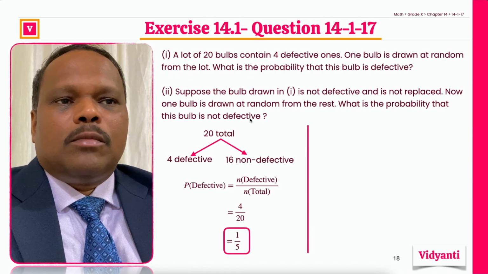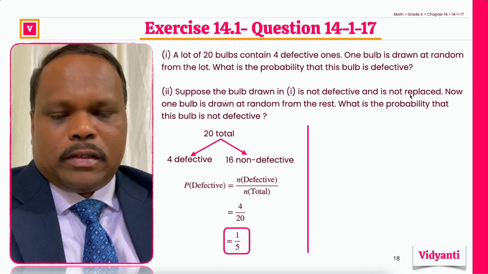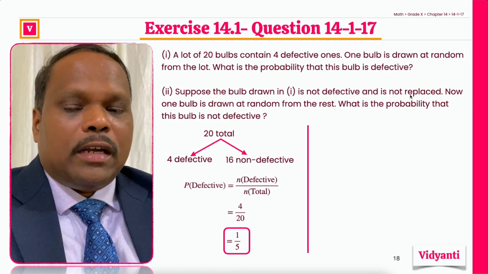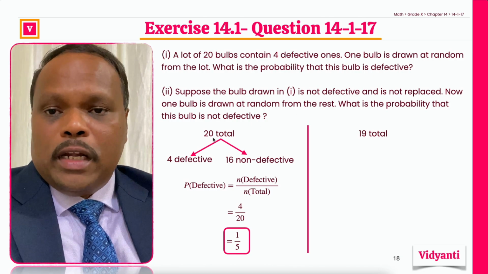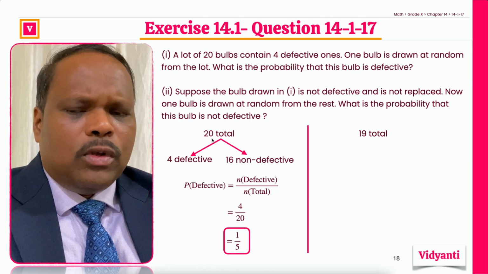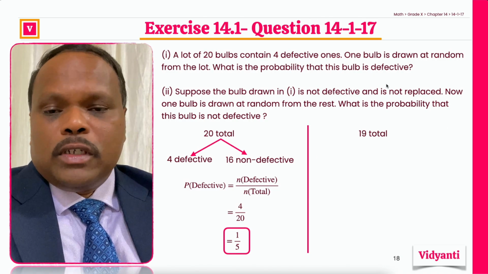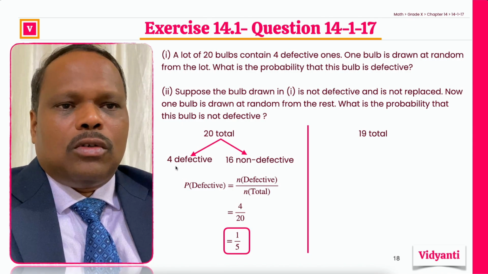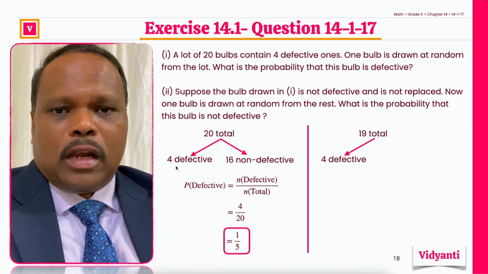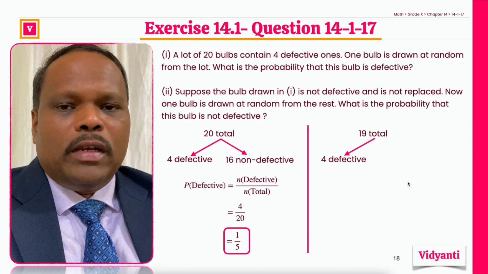In the second case, suppose the bulb drawn is not defective and it is not replaced. Not replaced means kept aside. So now out of 20 total, one has already been removed. So now we have 19 bulbs. Since the first bulb is non-defective, it was a good one. So we still have 4 defective, and out of 16 good ones, now 1 is less.